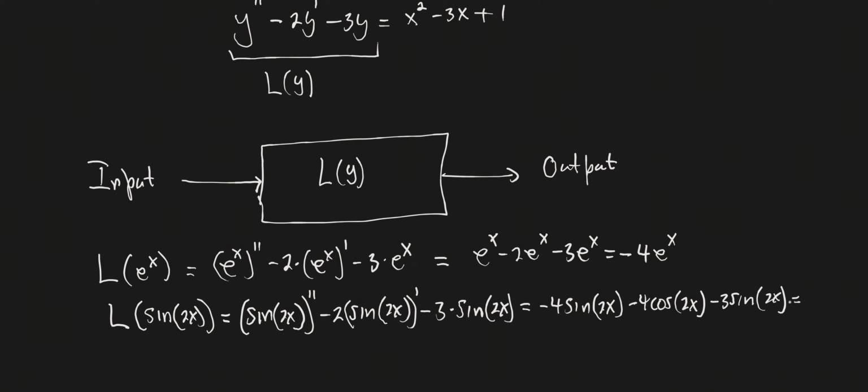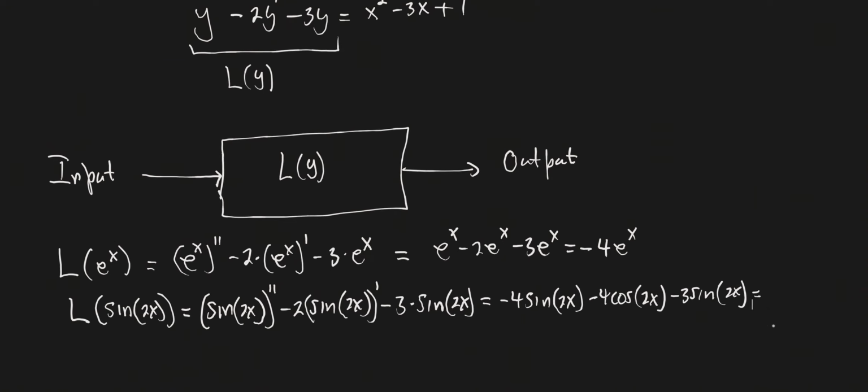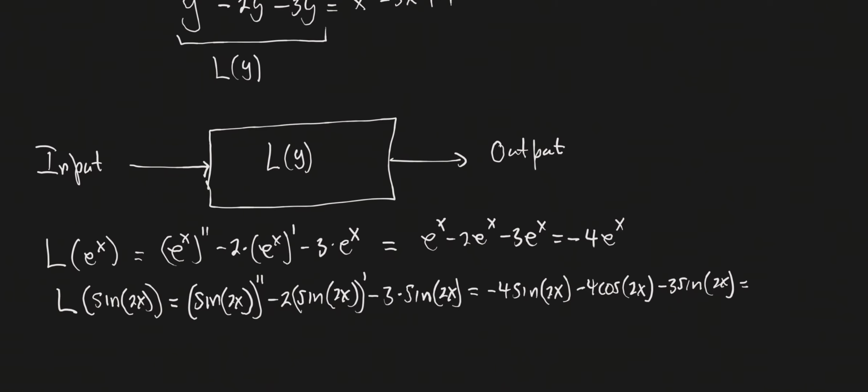So the output here, interestingly enough, is actually a linear combination of sine of 2x and cosine of 2x. So what is that specific one? It's negative 7 sine of 2x minus 4 cosine of 2x. So there we go.